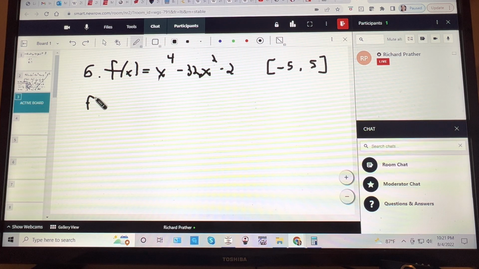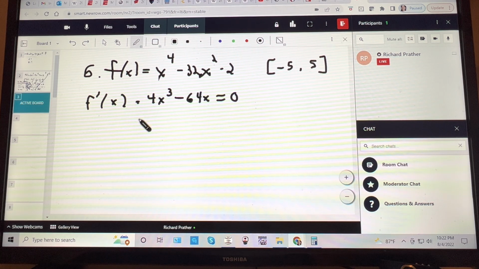So the derivative would be, I'm doing the derivative to find the critical numbers, 4x to the third minus 64x, and the derivative of -2 is 0. So this is never undefined, but it could be 0 3 times.